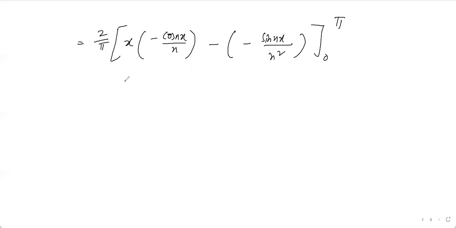Let us separate this. When you substitute x as pi, this will be minus 1 by n, which is constant outside, times pi cos n pi, and the rest of the terms will be 0 plus 0.